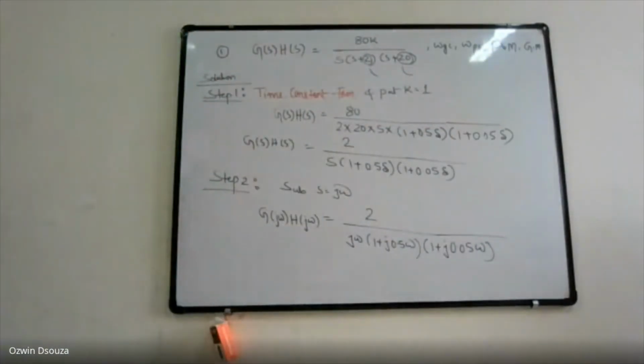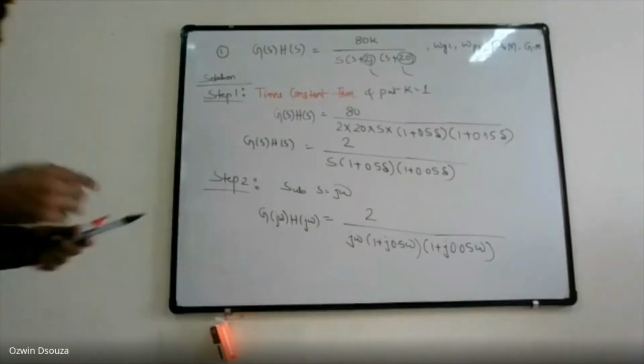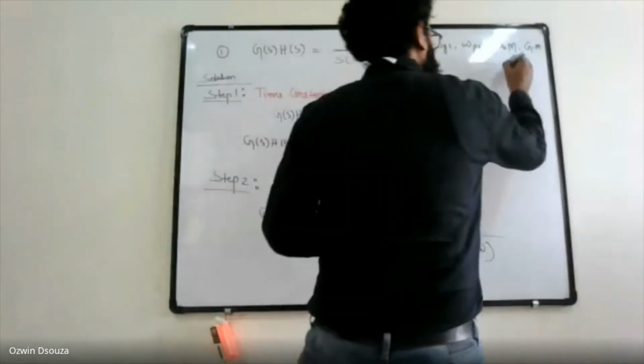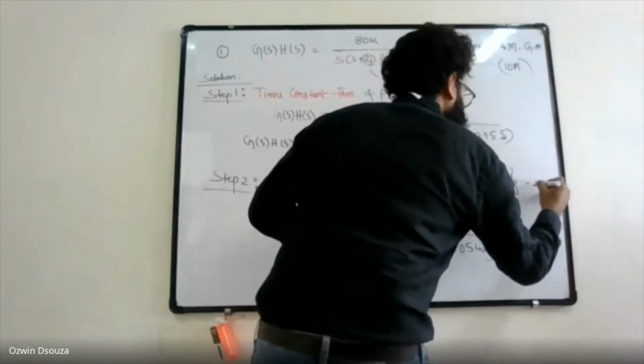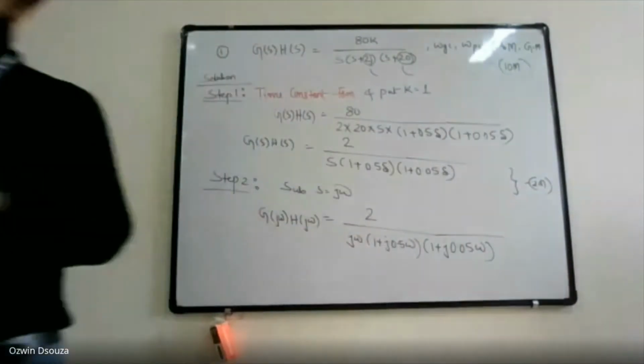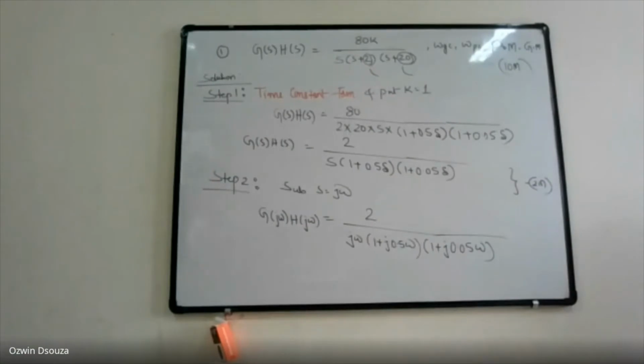All right, so that's your time constant form expressed in frequency domain. So these two are major steps. Let's say if this problem is asked for 10 marks, these steps will get you 2 marks. All right, fine.